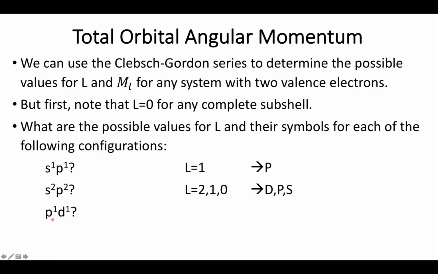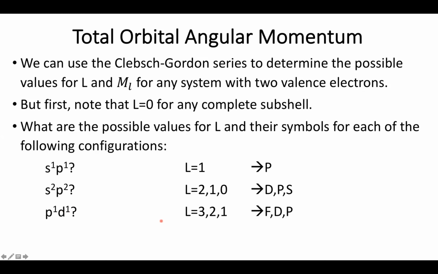So let's go ahead and walk our way up our orbital angular momentums and have 1 electron in a p orbital and 1 electron in a d orbital. And in this case, my first electron will have an orbital angular momentum of 2, and my second electron a value of 1. So this means that my maximum value for my total orbital angular momentum will be 2 plus 1, and my minimum value 2 minus 1.